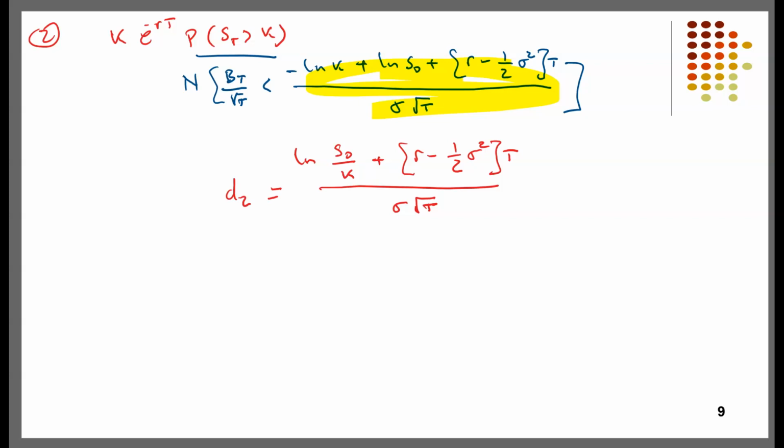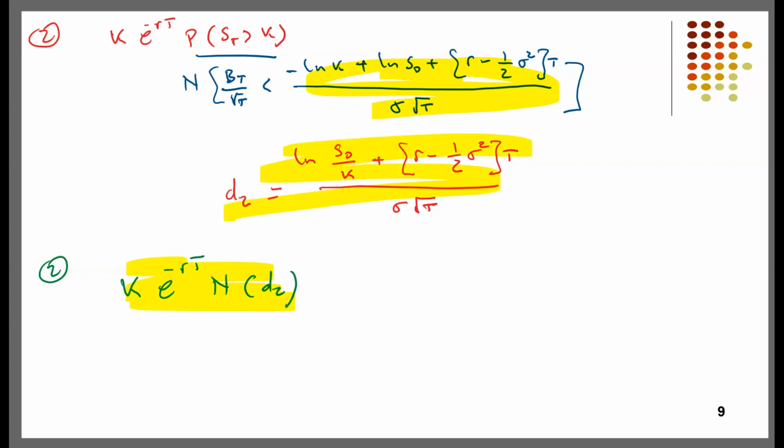And so the probability can be read directly from the normal probability table for d2. So we can essentially say that term 2 is going to be equal to k present value multiplied by N(d2), and that's essentially what we have here. And d2 is equal to this value here.